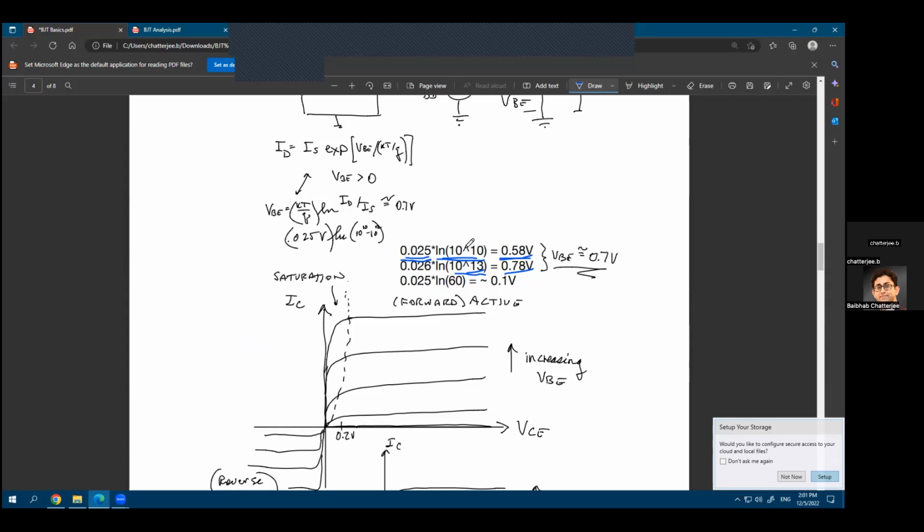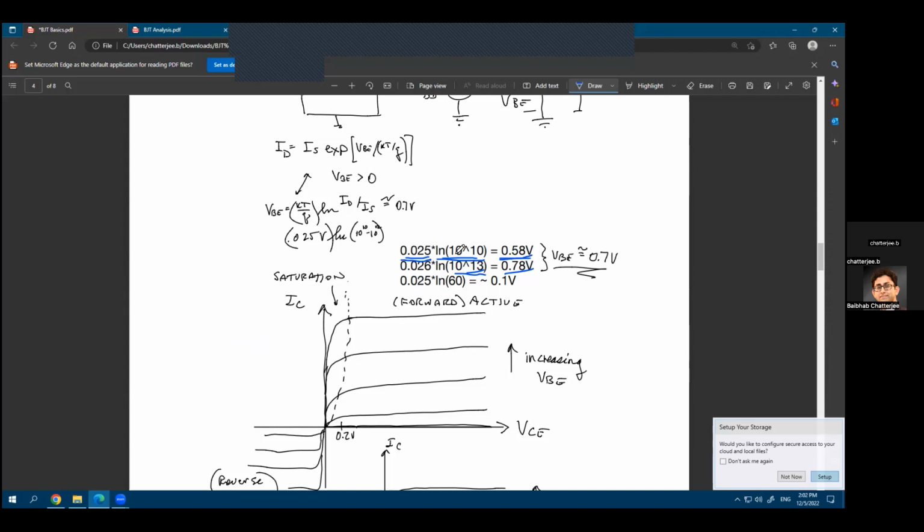In the first case, the ratio of ID over IS was 10 power 10. In the second case, it is 10 power 13. So the ratio of ID over IS changed by 1,000 times, but your VD, the voltage drop across the diode, changed by only 200 millivolts, right?